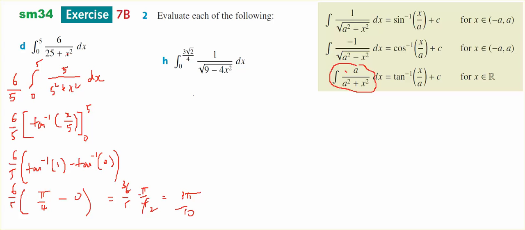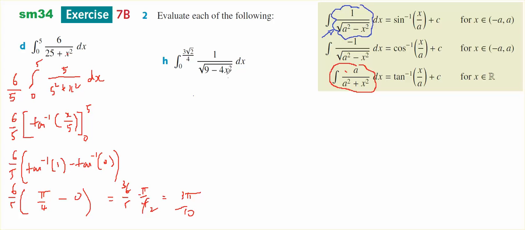Okay, so now looking at 2h. I've got 1 over the square root, so I'm going to be using this rule here, since I have 1 over and it's a positive 1. A is going to be 3 squared.